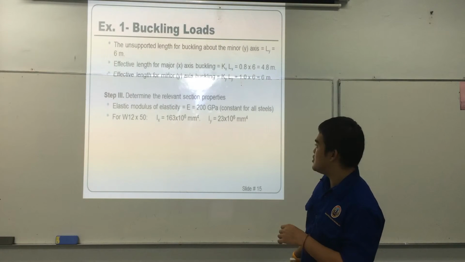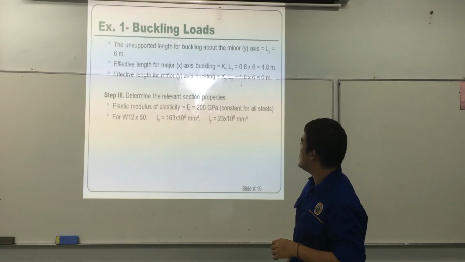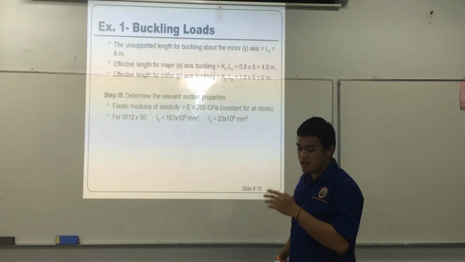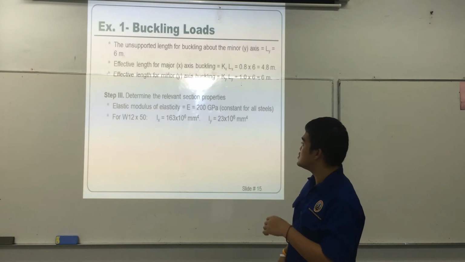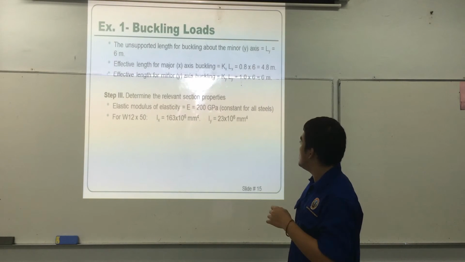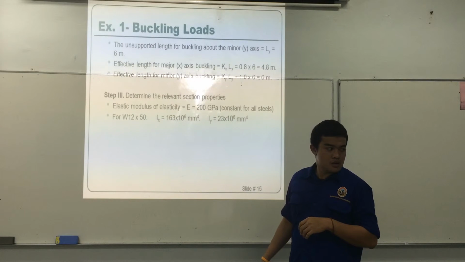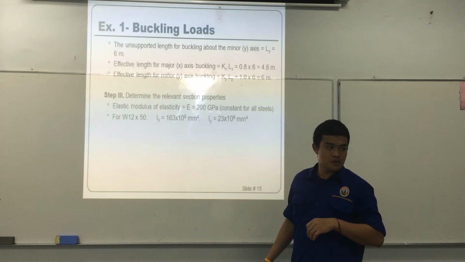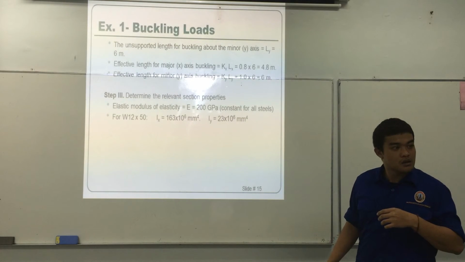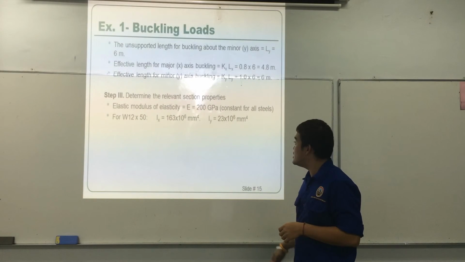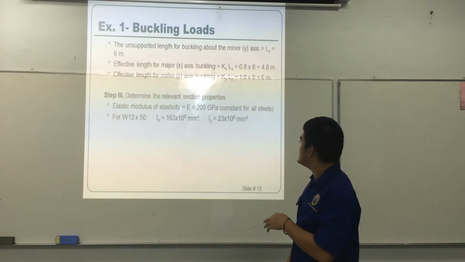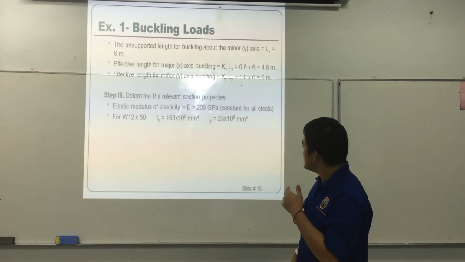For W12x50, the moment of inertia Ix is equal to 163 times 10^6 millimeter^4, and the moment of inertia in the y-axis, Iy, is equal to 23 times 10^6 millimeter^4.